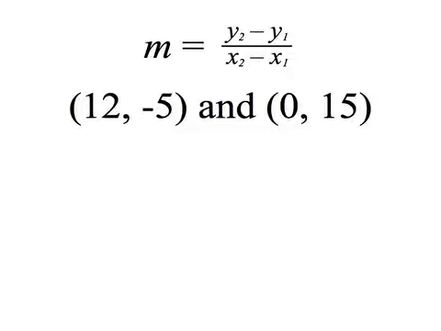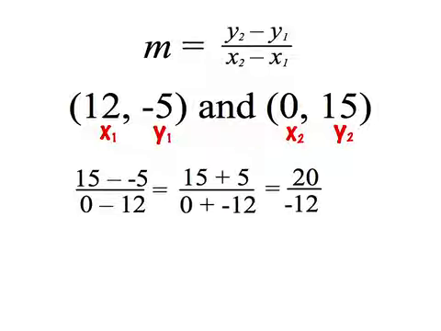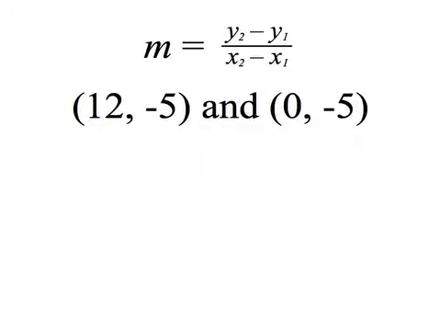Here's another example. We mark them, we plug them in, we apply the definition of subtraction. We do the arithmetic, we put the fraction in lowest terms, and the slope of the line containing these 2 points is negative 5/3. And another example. This example is special because both the values for y are the same, negative 5.